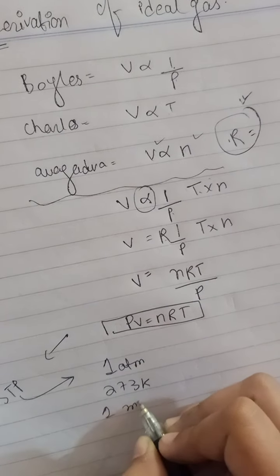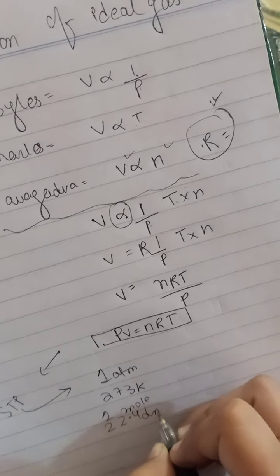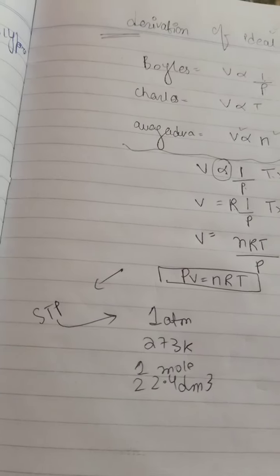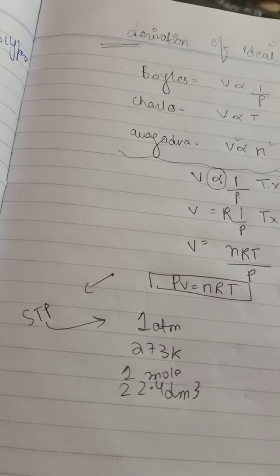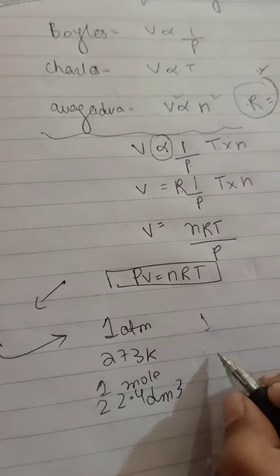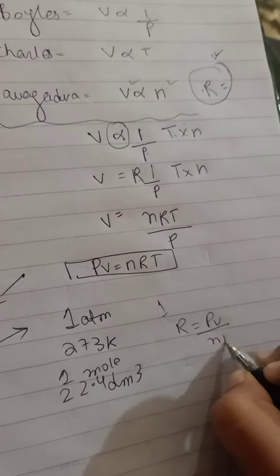1 mole, 22.4 dm cube. This is the volume. So this is the standard temperature and pressure unit. We can also write R is equal to PV upon nT. Why?